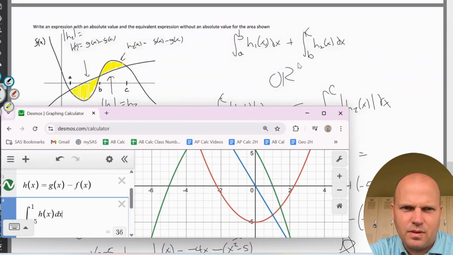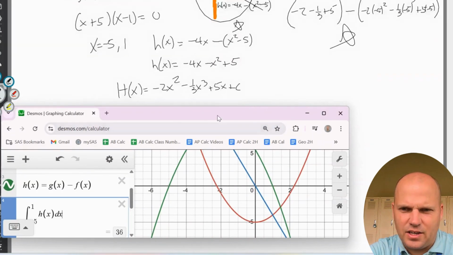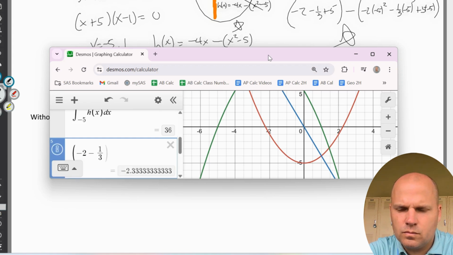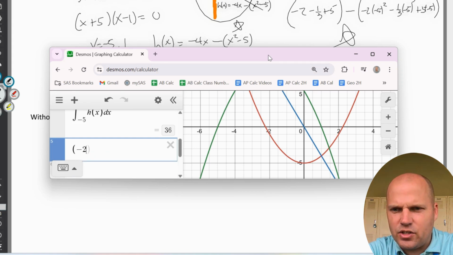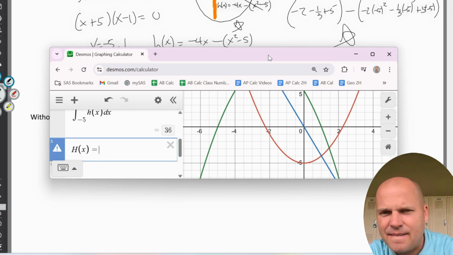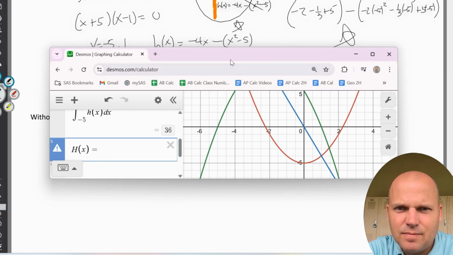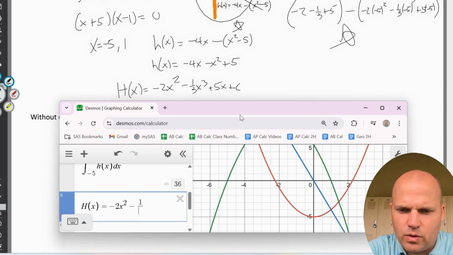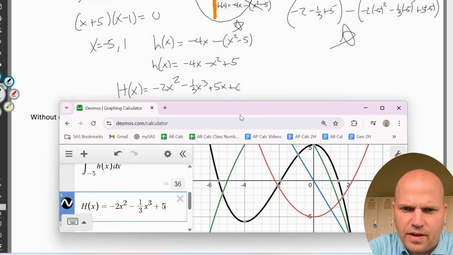If I type this stuff in, I should get 36. I could say we have super h, and I could say it's equal to negative 2x squared minus 1/3 x cubed plus 5x.